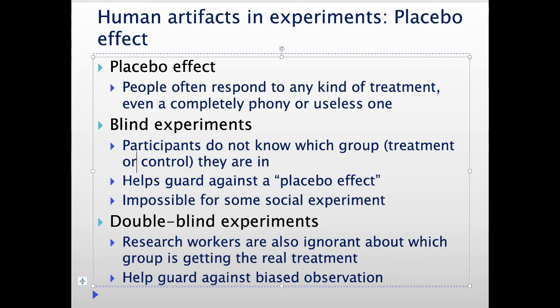Yeah, you do know whether you had job training or no job training. Do you know whether you had counseling or not? Yeah, you know. Now, sometimes they try and reduce that by you get job training or you get some other kind of training or thing or event that you go to. But you can't blind people the same way in social experiments.